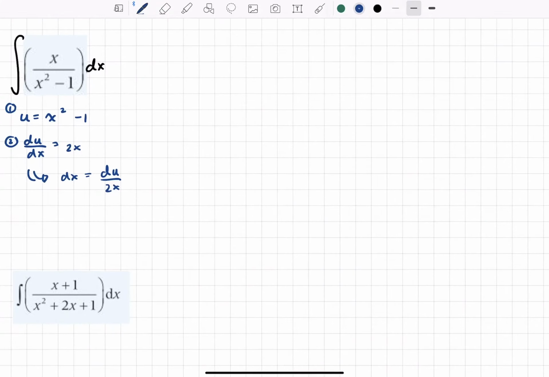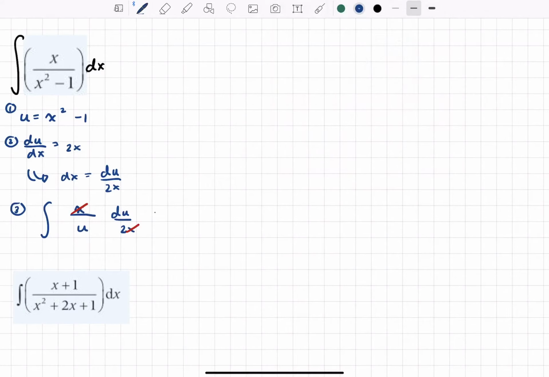So we've done the main two things, and all we have to do now is substitute our new values. This whole thing becomes x over u, which is now x squared minus 1, and then du over 2x. Quite conveniently, we want everything in terms of u, and these x's cancel out.